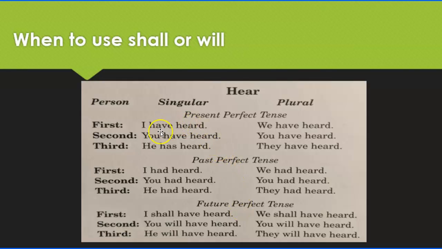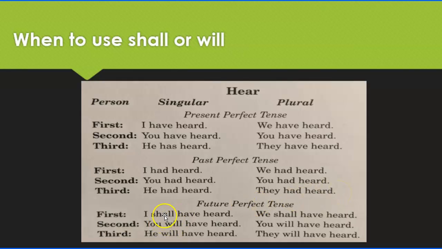So here we have the word have, mingled all through those. I have heard, you have heard, he has heard, we have heard, you have heard, they have heard. Now, to make it past perfect, of course we would change it to had. That makes sense. I had heard, you had heard, he had heard, we had heard, you had heard, they had heard.